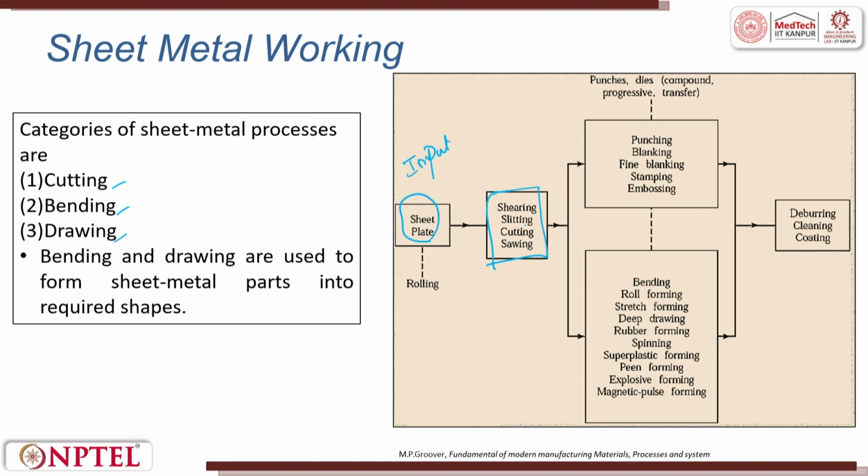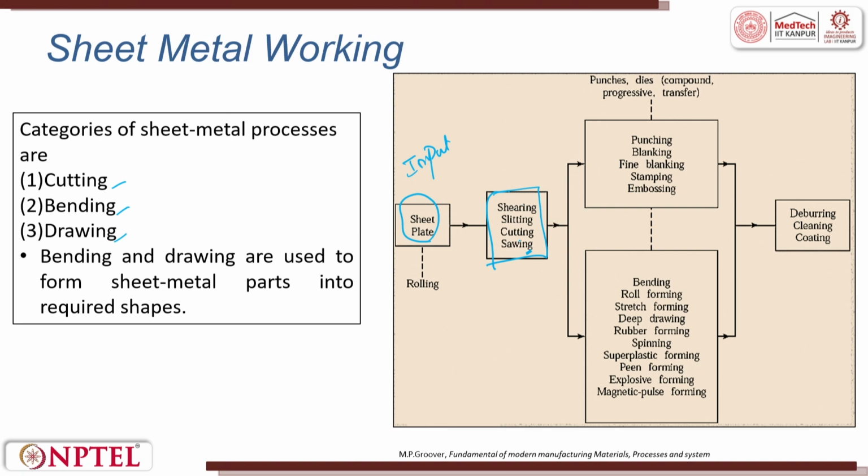Shearing, slitting means breaking into 2 pieces, then cutting. The difference between slitting and cutting is, cutting you can do for a little larger width, slit is for a small width. Then you can also have sawing. These slitting and sawing can predominantly be done with a rotary tool or a circular disc like thing.